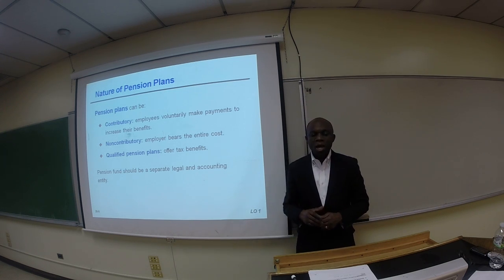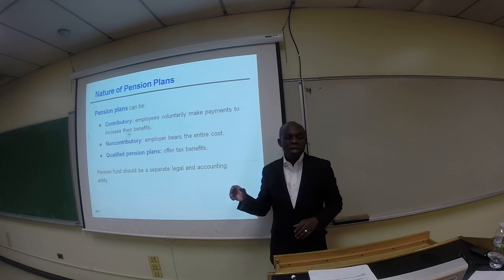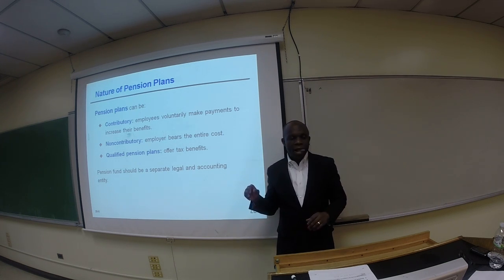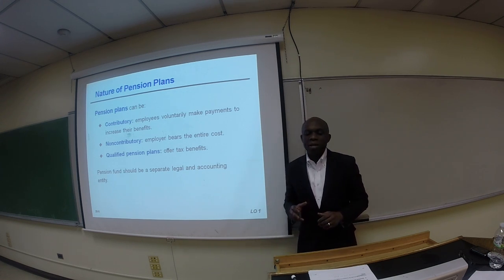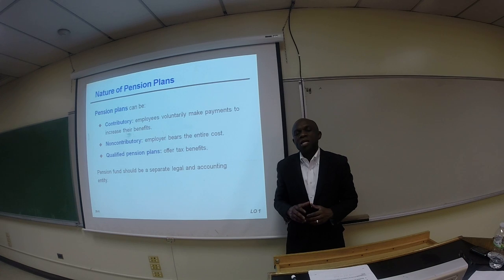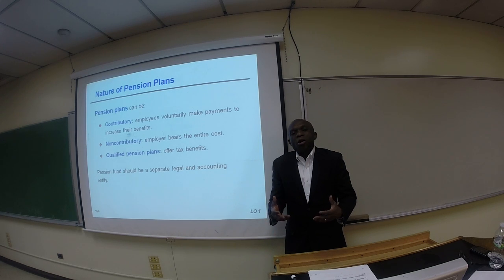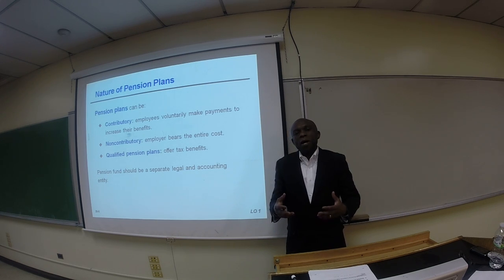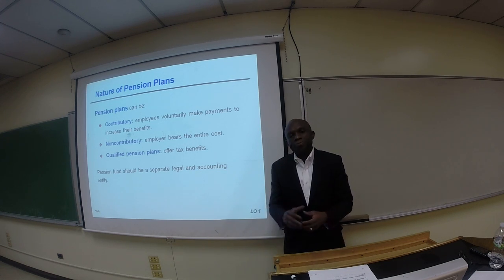And number 3, here they call it the qualified pension plans. Qualified pension plans basically offer tax benefit. What that simply means is that the company or the employer is able to write off the pension contributions on its tax returns.